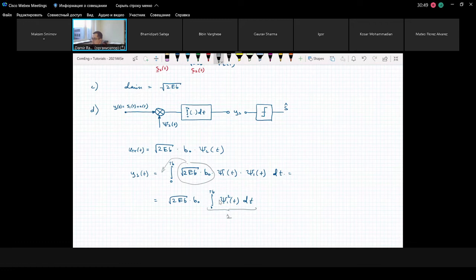Then it could happen that you will be asked to calculate what the input signal is after you calculate correlation with such a normalized function. And then what will actually be different is that instead of 1, you will get some constant.